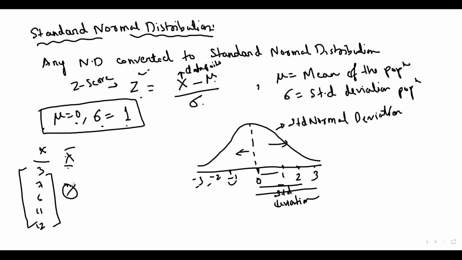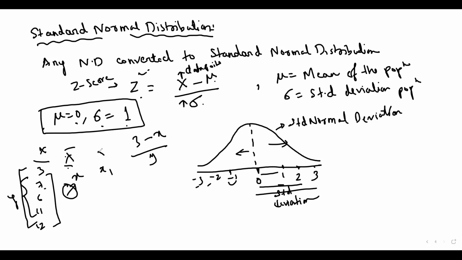We will have some number, and then we use this formula. If you plug in, it will be like 3 minus X, where I give the mean as X, divided by the standard deviation, which we calculated as Y. So this will be some number, let's say Z1.